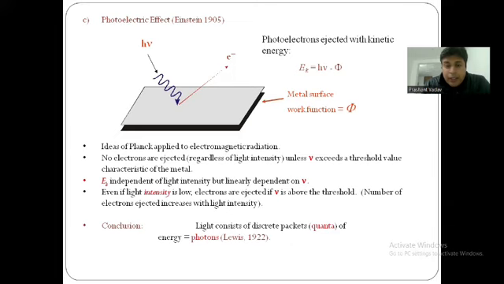No electrons are ejected unless h nu exceeds a threshold value characteristic of the metal. Every metal has its own characteristic threshold value, meaning below this energy we cannot emit an electron from that metal. This threshold value varies from metal to metal.